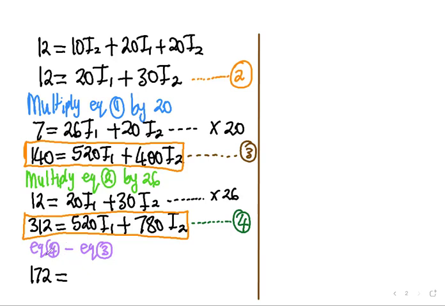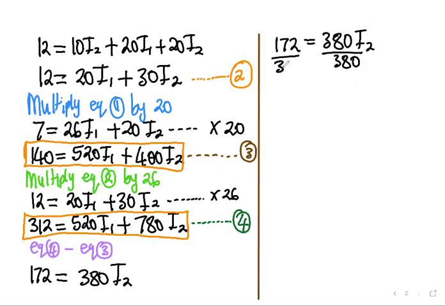So you're gonna write 380 I2. Due to space, I'm gonna write it here. 172 equals 380 I2. And then you divide both sides by 380, guys. You divide by 380 because what you do on the left hand side, also do it on the right hand side.